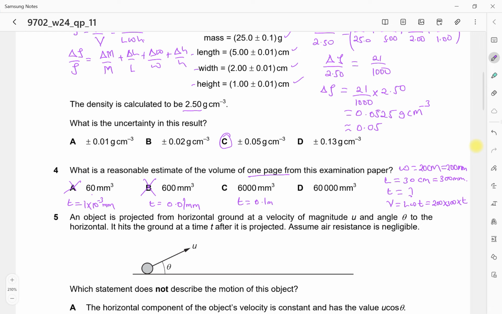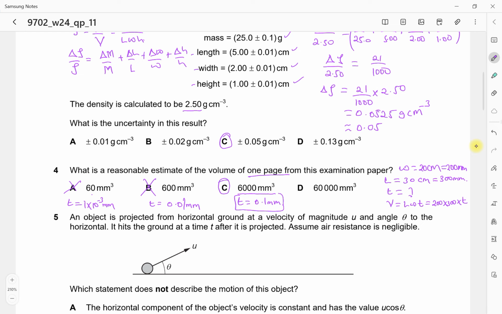If you look at a ruler and put 10 papers there, you notice that the thickness of 10 papers is approximately 1 millimeter, which means one paper is approximately 1 divided by 10, which is 0.1 millimeters. So this gives a reasonable estimate for the thickness of a paper, which means the answer is most likely going to be C.